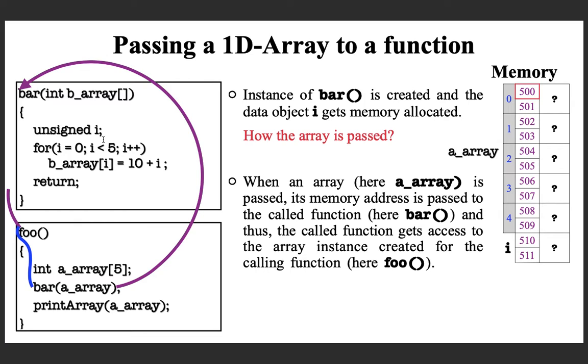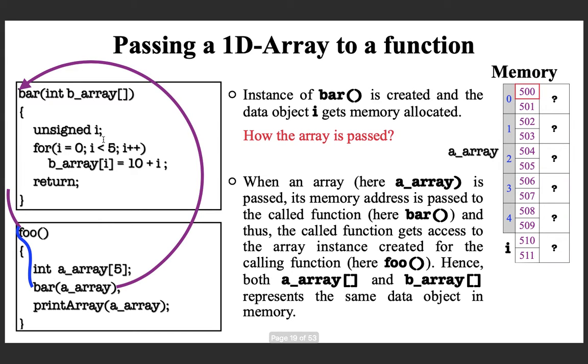Okay, this is what is called pass by reference, because a copy is not created, but rather the address of that data object in the memory is shared to the called function, so that the called function can access that data object. And hence both A array, that is the actual argument, and B array, that is a formal argument in this particular call, represent the same data object in memory.